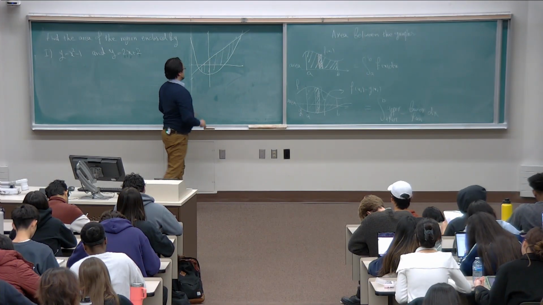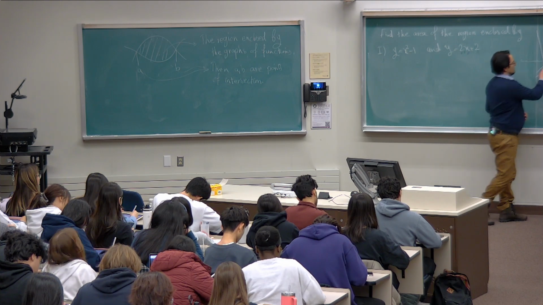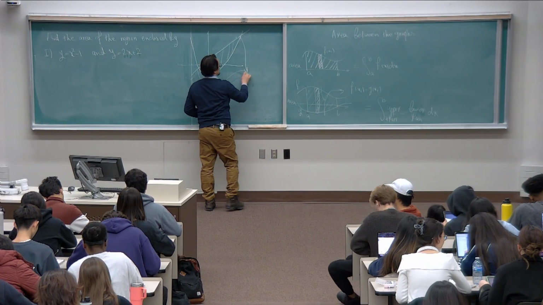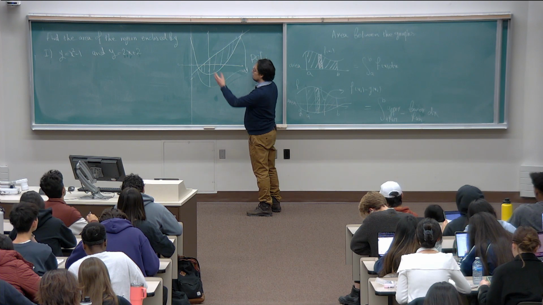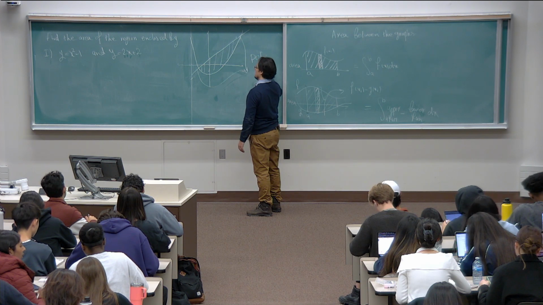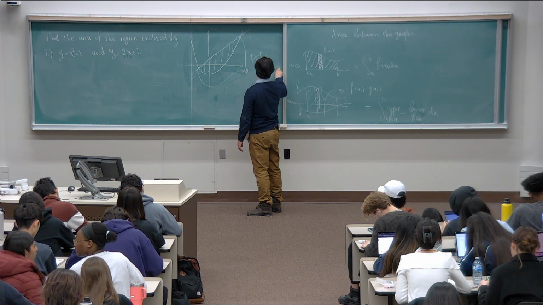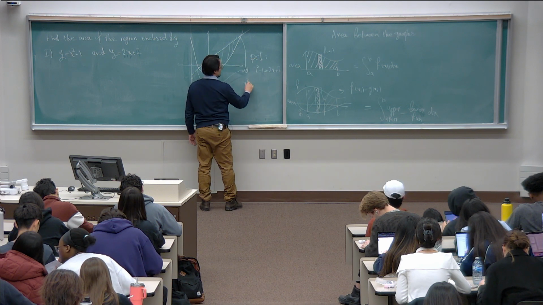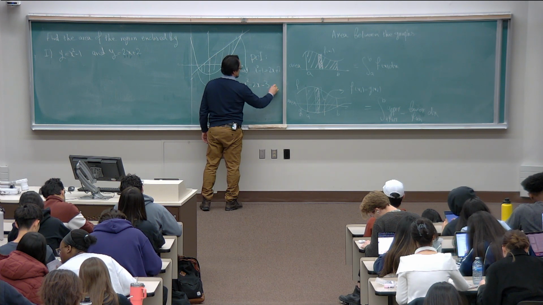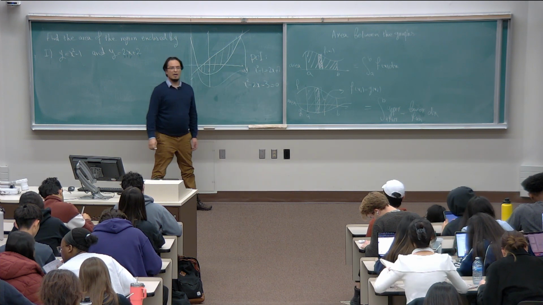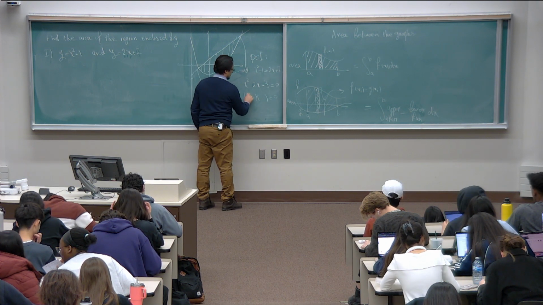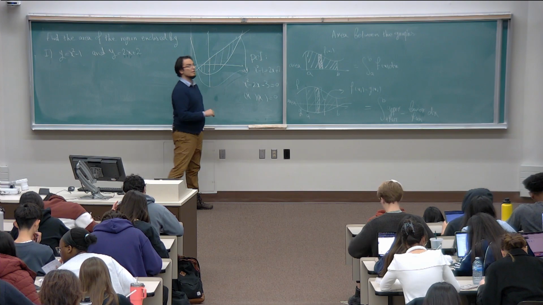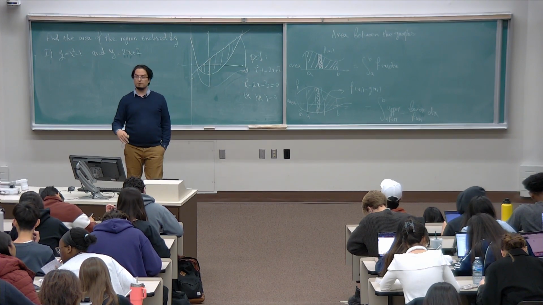Now, it says that, yes, the region is defined. We have to figure out the points of intersection by setting them equal to each other. X squared minus 1 is equal to 2x plus 2. And that gives me x squared minus 2x minus 3 equals 0. And then, well, you try to solve this. Two numbers add up to negative 2, and when I multiply, I get negative 3.